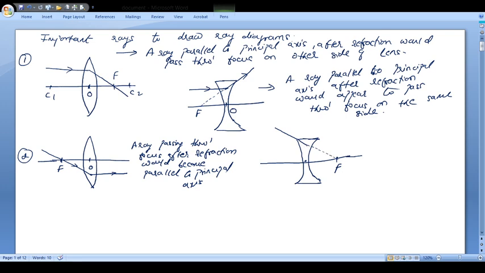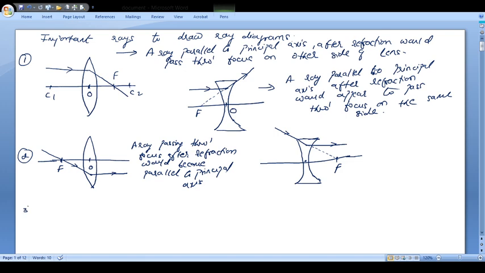So after refraction it will become parallel to the principal axis. So this is basically for the concave lens.